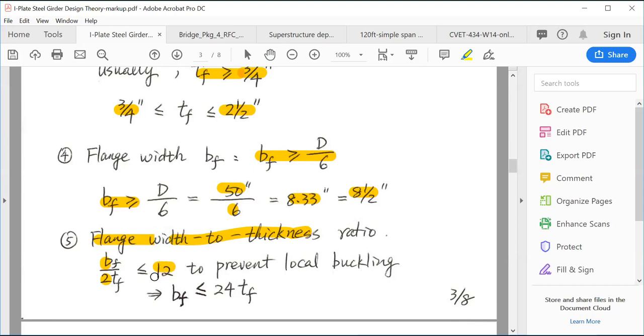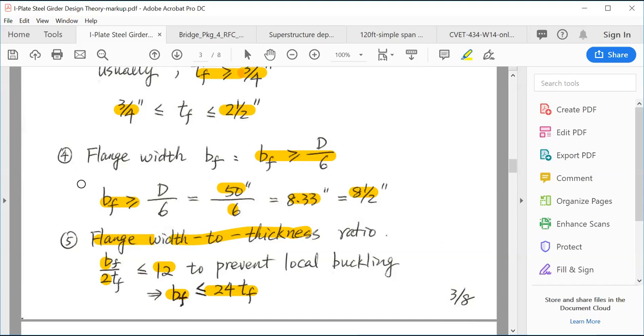To meet this requirement, the width of the flange should be no greater than 24 times TF. So for example, if the thickness of the flange is 1 inch, the width of the flange cannot be wider than 24 times 1 inch, equals 24.